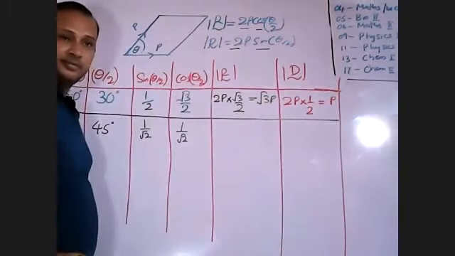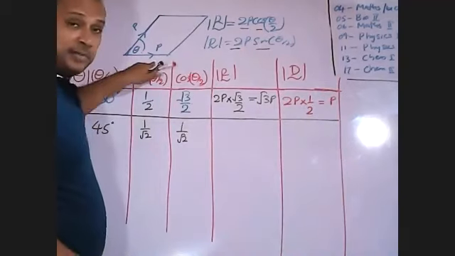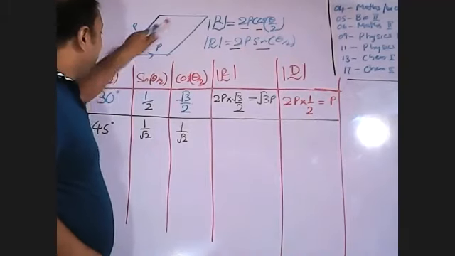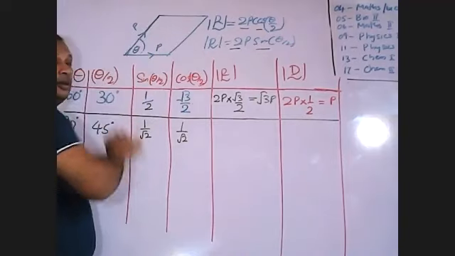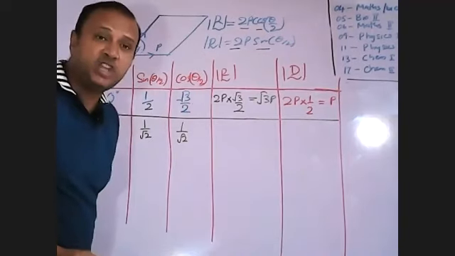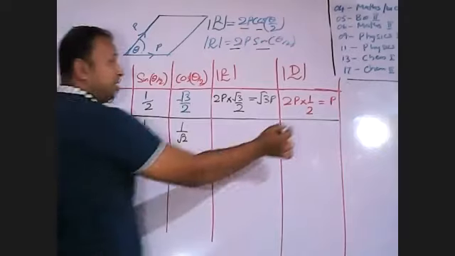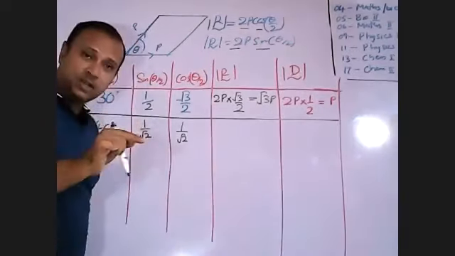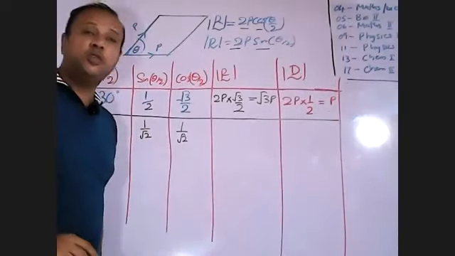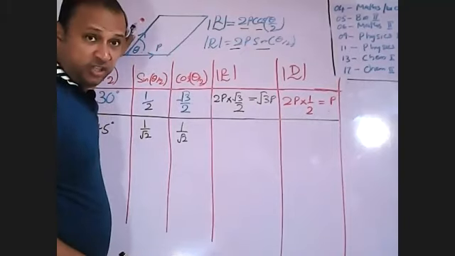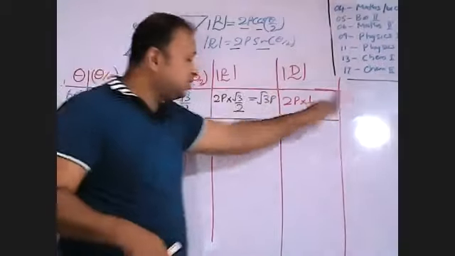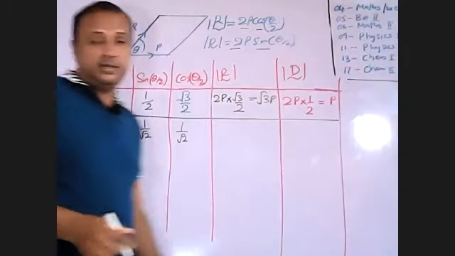Look at this one. The magnitudes of two vectors are equal to each other and the difference is also equal to the magnitude of one vector.